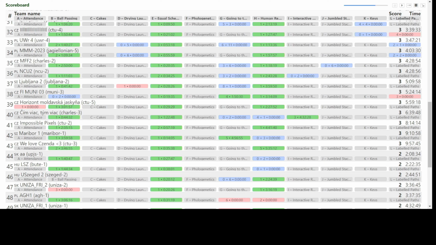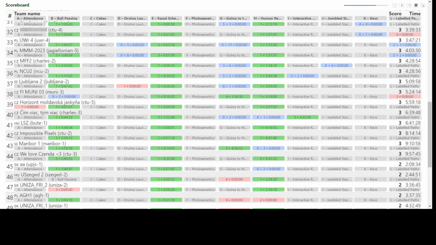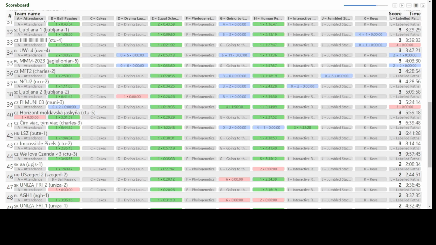University of Szeged, problem G with 6 attempts. Not successful. Problem H. Well done. Team AA with 2 attempts. No. We have Maribor 1 with 3 attempts at problem H. Well done.